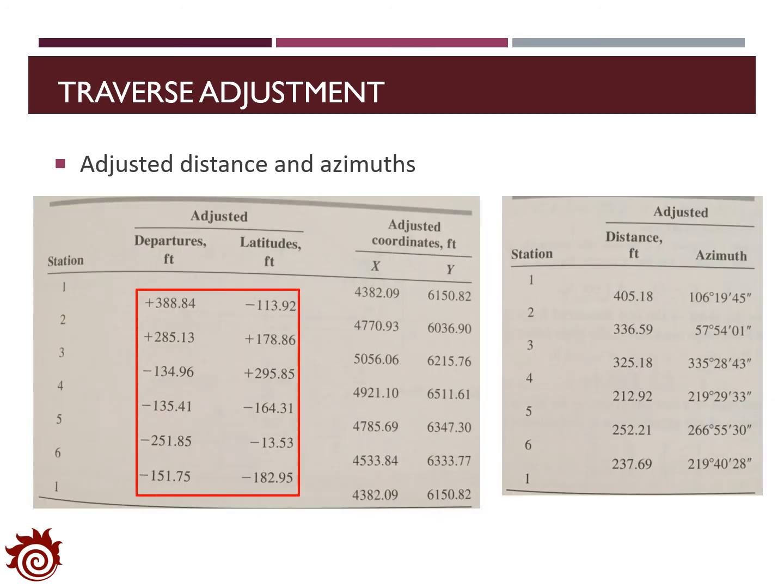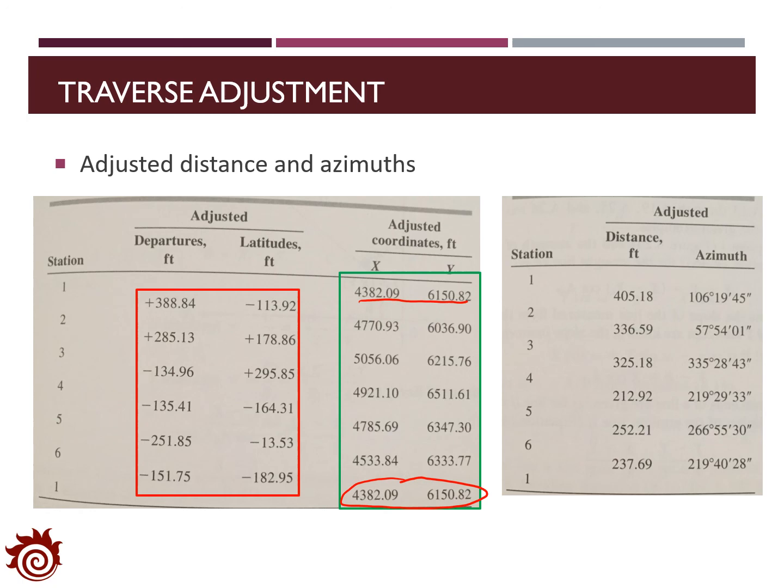With the adjusted departure and the latitudes, we can then use the true coordinates of the first station to find out the coordinates of all the other points. Here you can see that the estimated coordinates of the station 1 is the same as the true value, which means the correction is applied correctly.